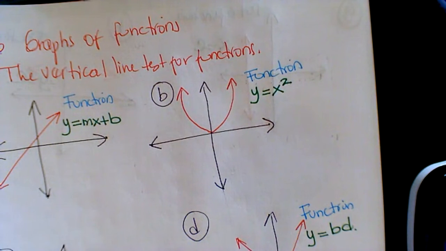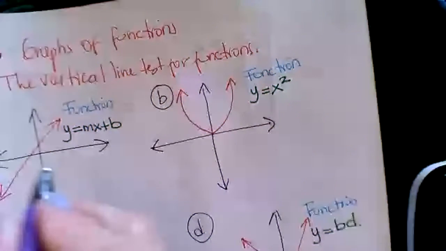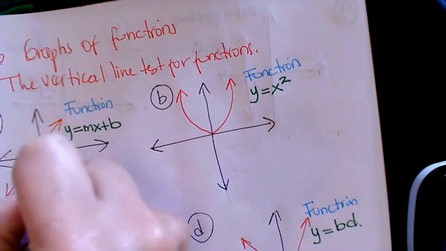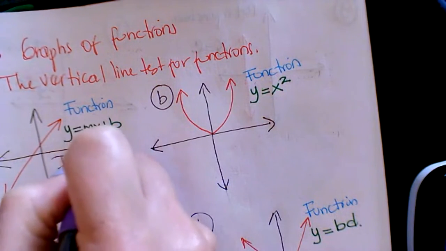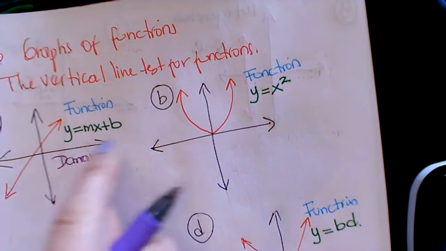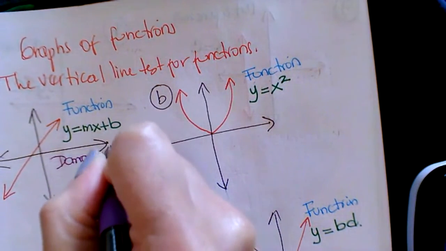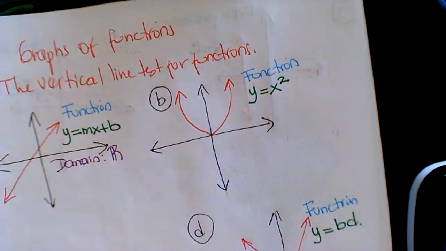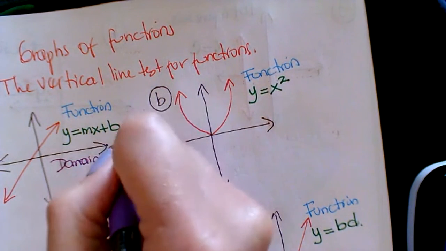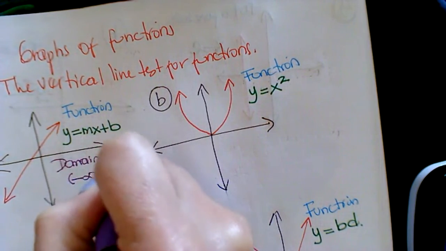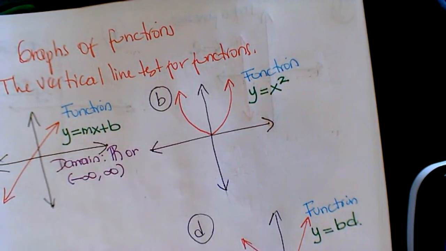Now let's do the domain. Let's use this one for the domain. So the domain is the x, is the input. So what's the domain here? All of the real numbers. We could write it like that, or we could say from negative infinity to positive infinity.